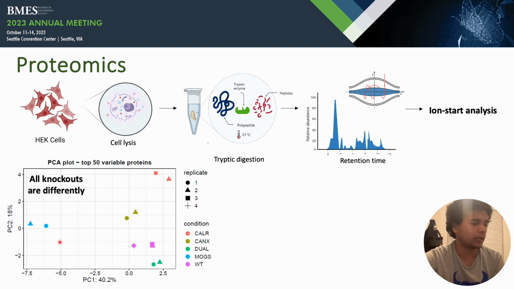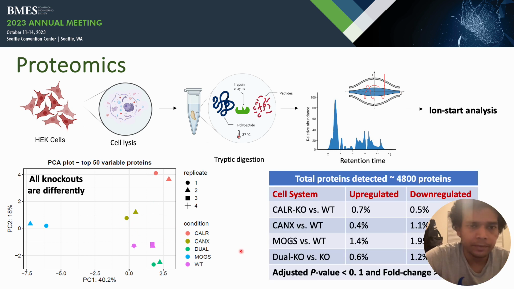At the same time, biological replicates are close to each other, so this also provides an indication that our samples are biologically reproducible. And thereafter what we have found out is that some of the proteins are dysregulated.